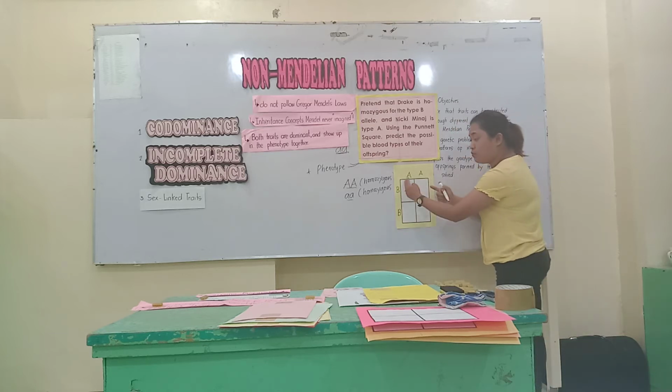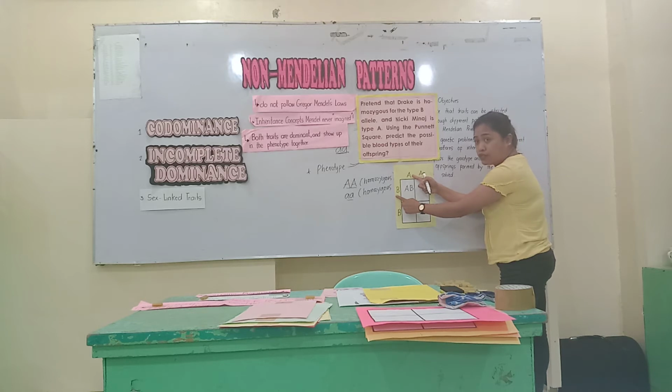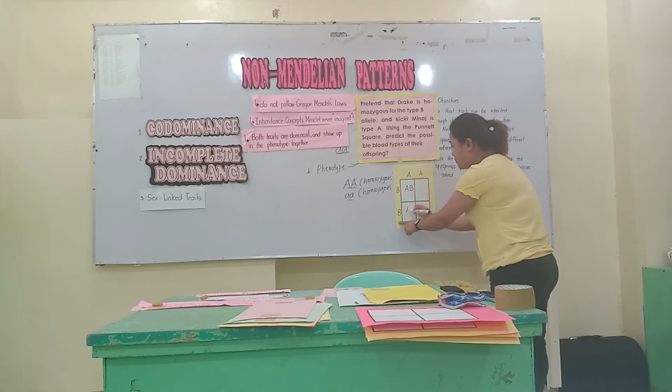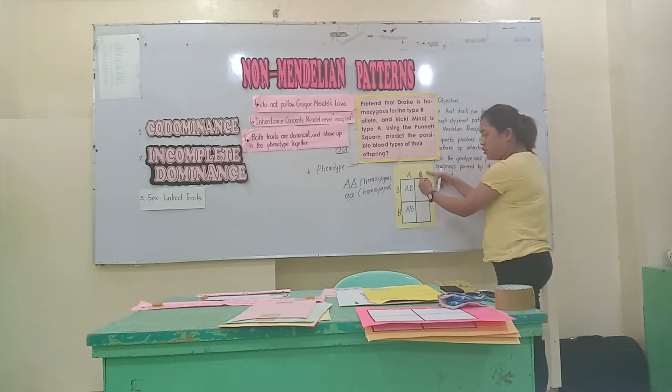For this column here, kani nga column diri, kuhaon diri, a cross between A o B. So, copy lang, AB. And then you also have AB. Kani nga column diri, diri ta magbase kana diha.